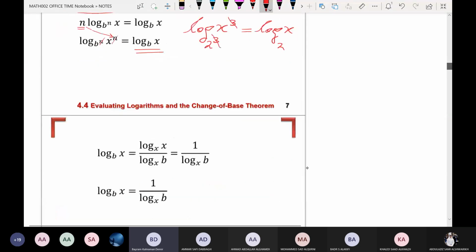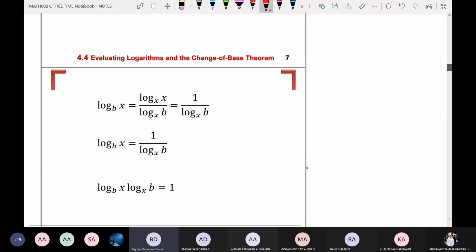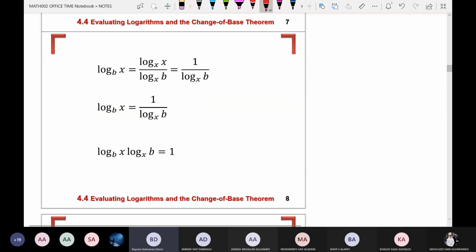In the next question, Shabab, what happens if you change the base to x? Now we have logarithm of x with base b. So you'd like to switch the base to x. So you have to write logarithm of x with base x, which is 1, of course, divided by logarithm of b with base x.